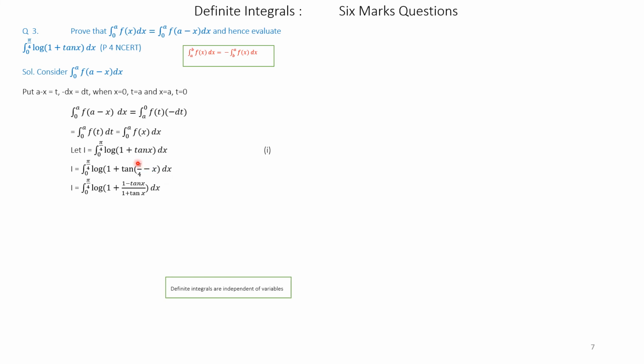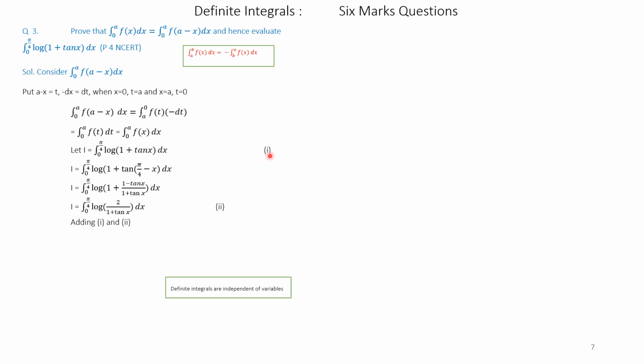So here we have put a minus x. Simplifying, it becomes 1 plus (1 minus tan x) divided by (1 plus tan x) into dx. Again simplifying, I is equal to the integral from 0 to pi by 4 of log of 2 divided by (1 plus tan x) dx.